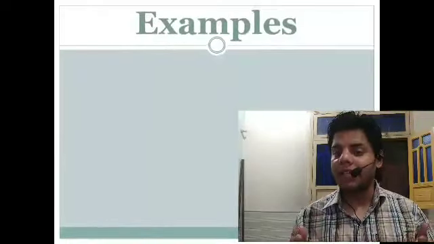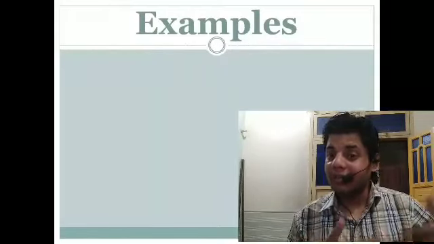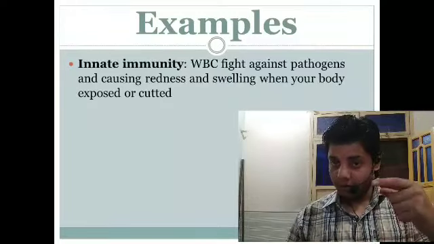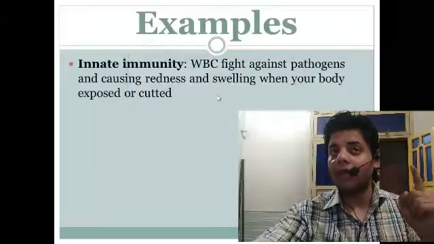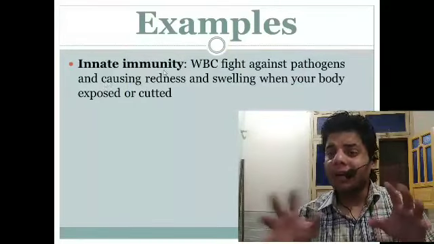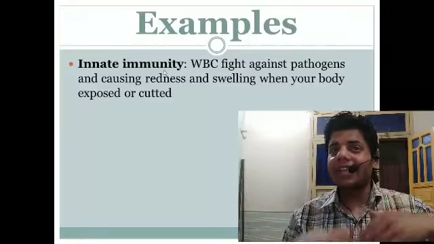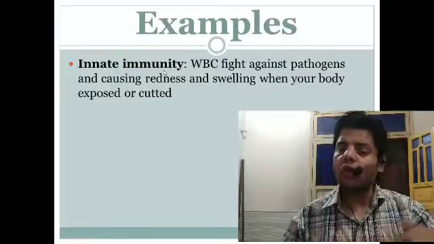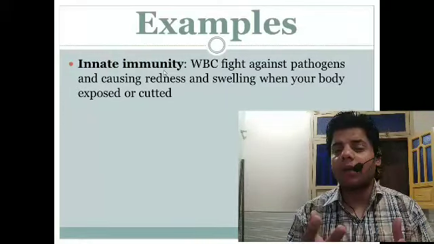Then we have examples to show how we can know what kind of immunity is actually activated inside our body. For innate immunity, whenever the WBCs fight against pathogens or any kind of microorganisms, and they are engulfed by neutrophils or macrophages, they are broken down into small fragments.